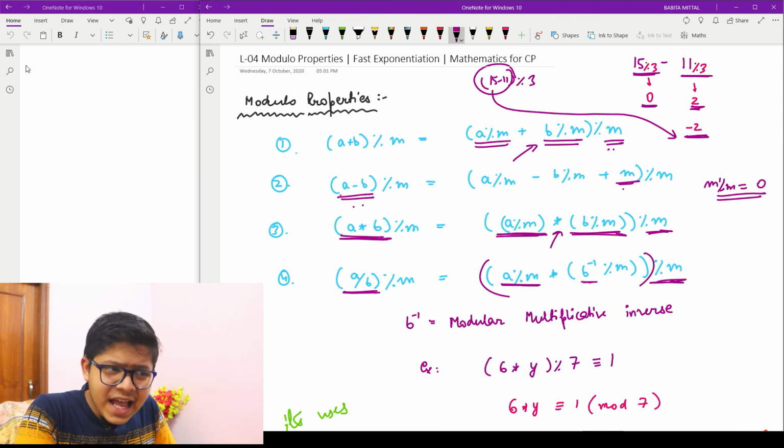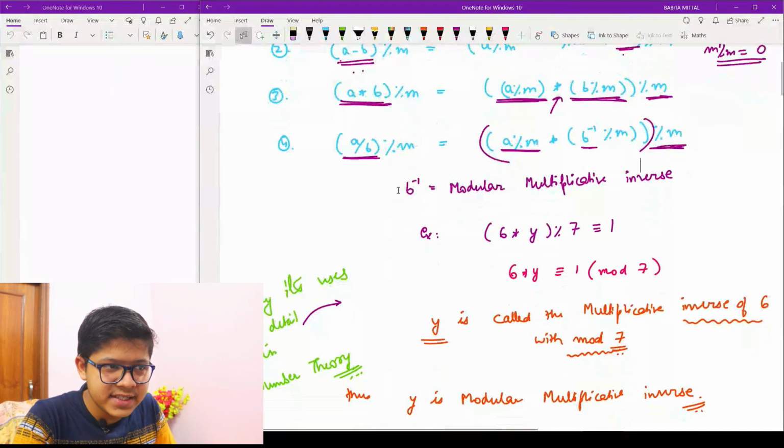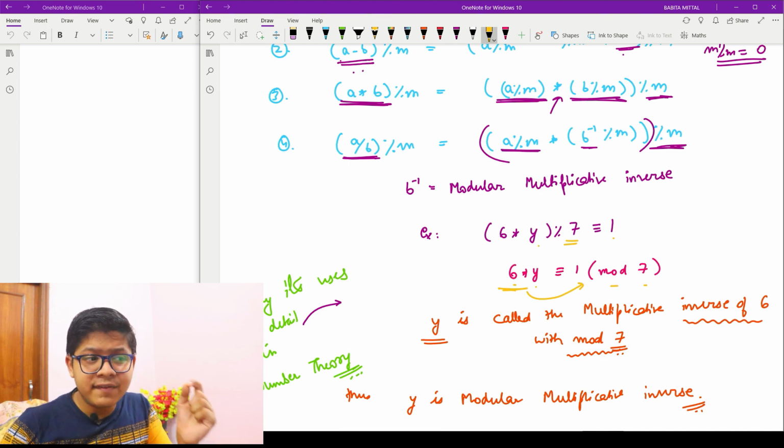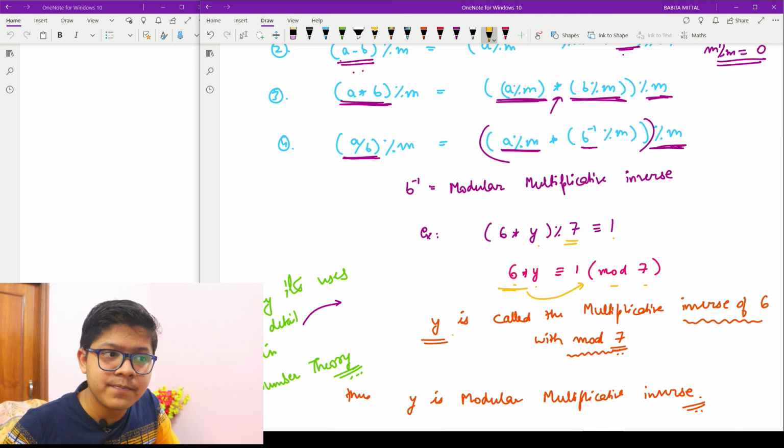Now what is actually a modular multiplicative inverse? A slight hint of that is: if I have 6 times y mod 7 equal to 1, I can also write it as 6 times y, which results in 1 after doing a mod with 7. So I can say that y is called the multiplicative inverse of 6 with mod 7.